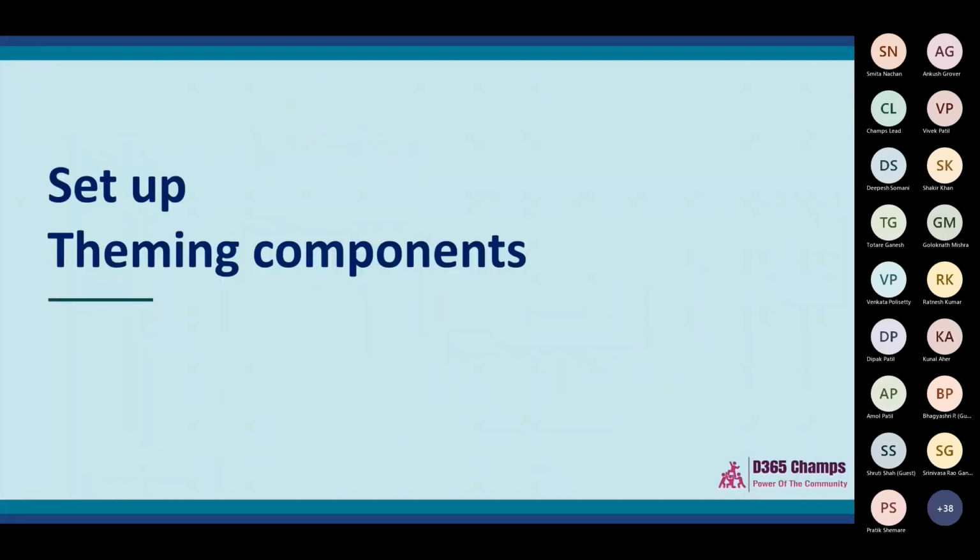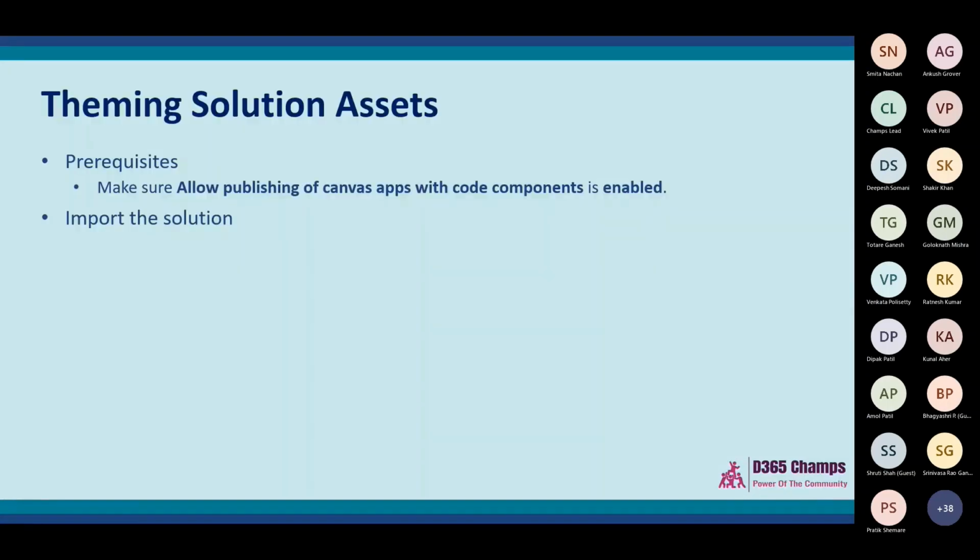And then once you do that, let's see how we can set up those theming components. Same thing, we should have these prerequisites, which is to allow publishing of canvas apps with code components enabled inside your organization. Once we do that, import the solution, and then we'll be able to see all of those.